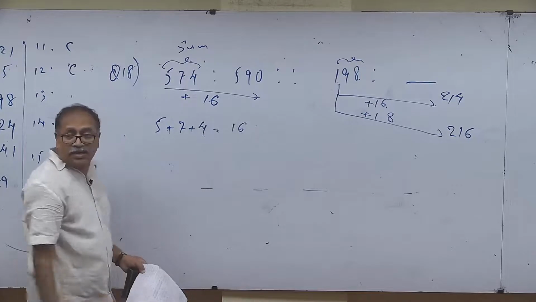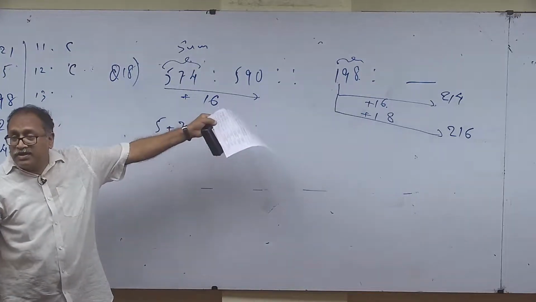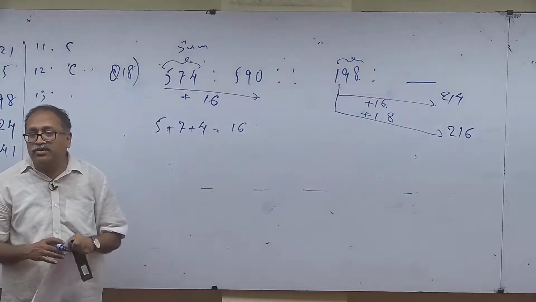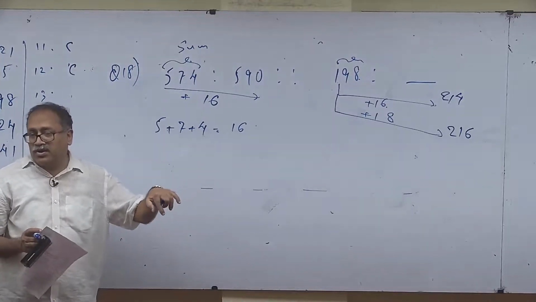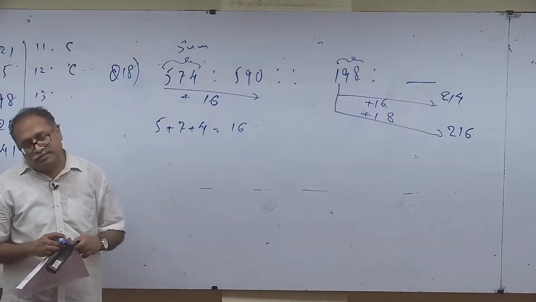That 16 is added to the given number. The same way there, 1 plus 9 plus 8 is 18, and 18 is added there. Initially I don't know it's 18, so I will add the 16 and see if the option is there or not. When I saw the option is not there, then I added the sum of the digits. Okay.